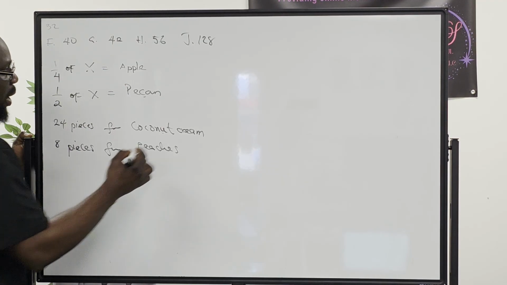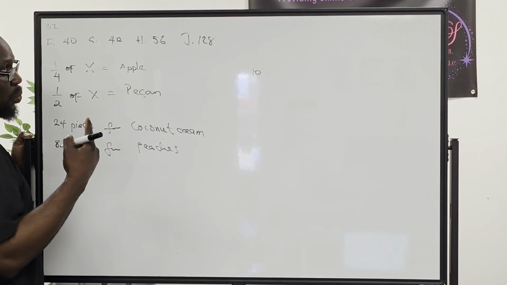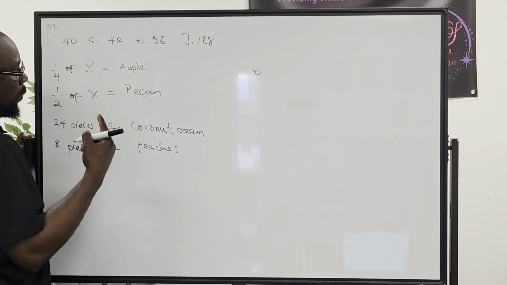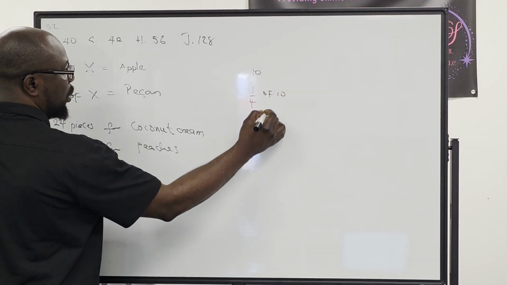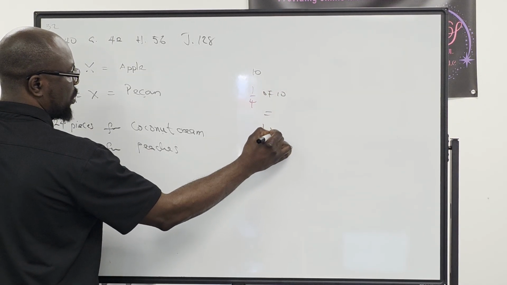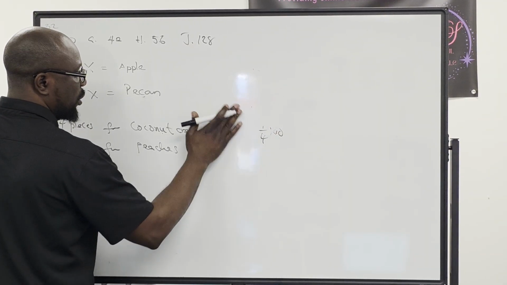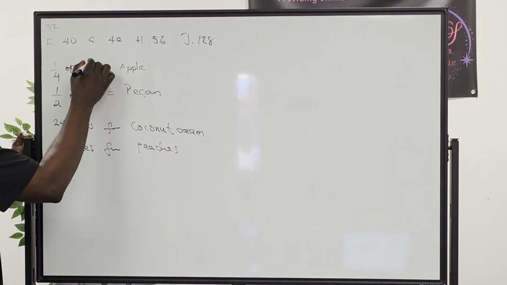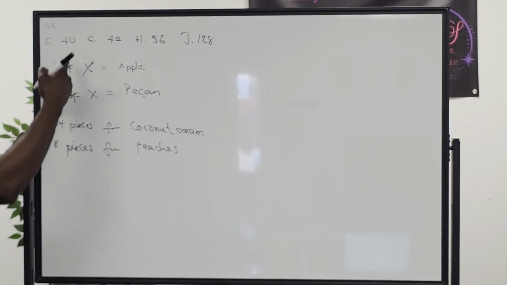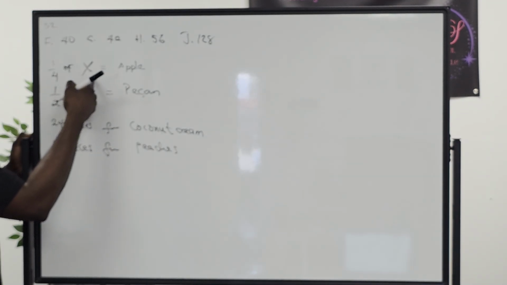So for example, if I have 10 in total and I sold 1/4 of everything, I will say 1/4 of 10, which is the same thing as 1/4 times 10. They give us the actual fraction of everything that was sold, so that makes life a lot easier.